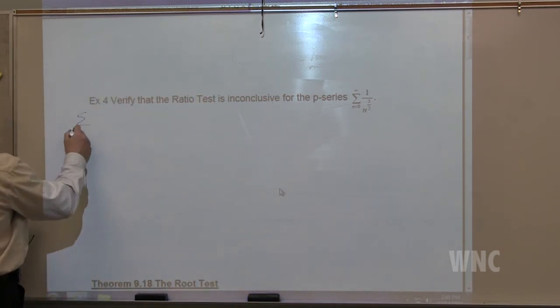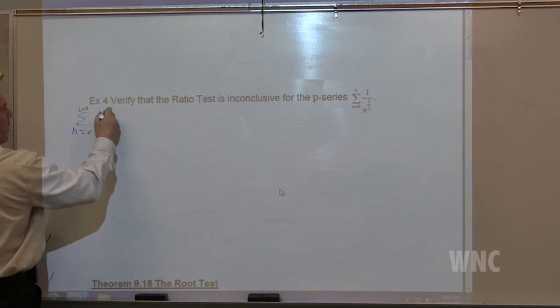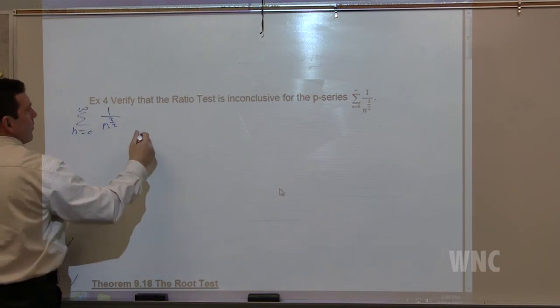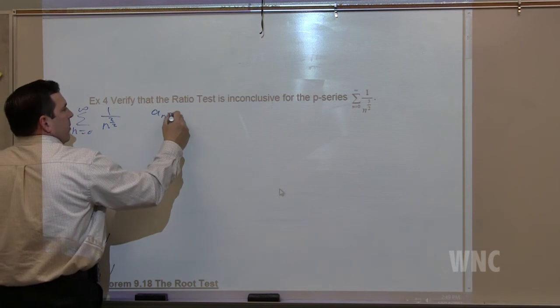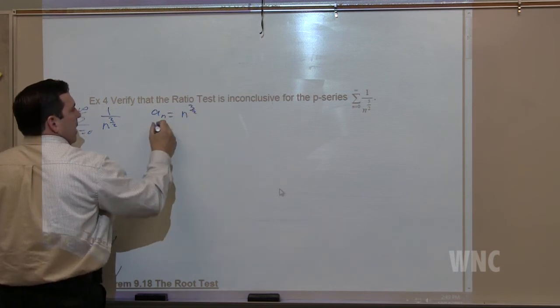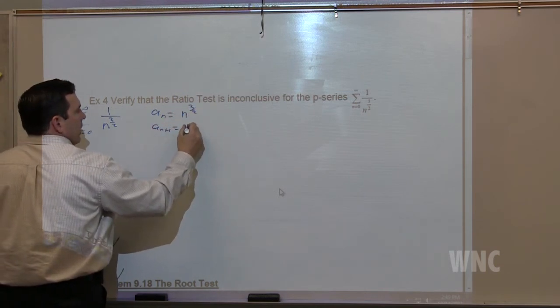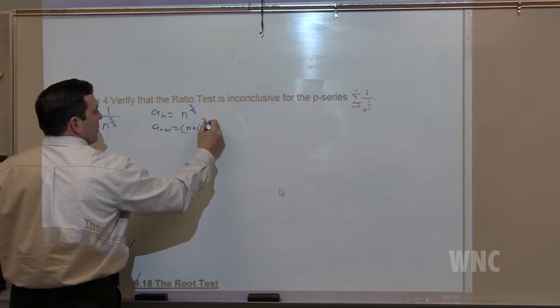So we have the sum as n goes from 0 to infinity of 1 over n to the 3 halves. Our a sub n would be 1 over n to the 3 halves, and a sub n plus 1 would be 1 over n plus 1 to the 3 halves.